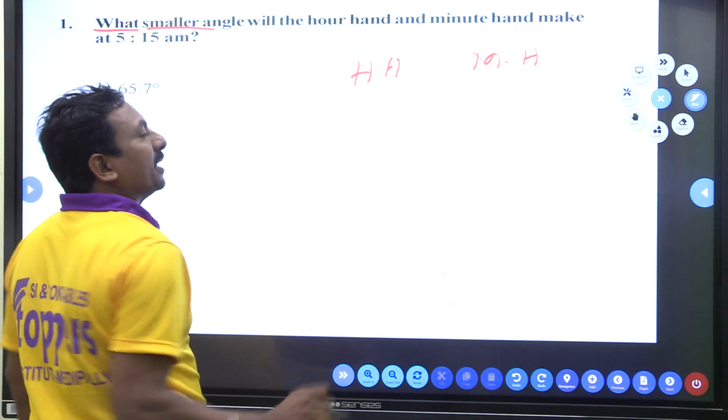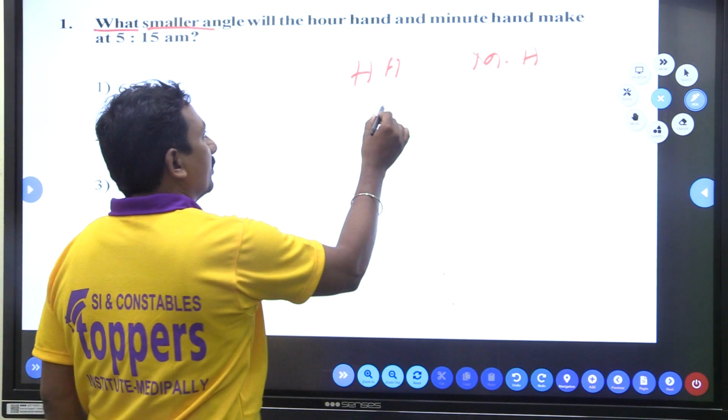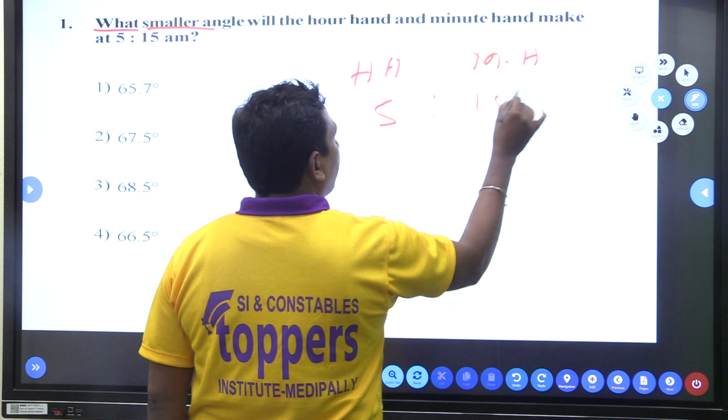Between the two hands of the clock, how much angle is there at the time of 5 hours 15 minutes?